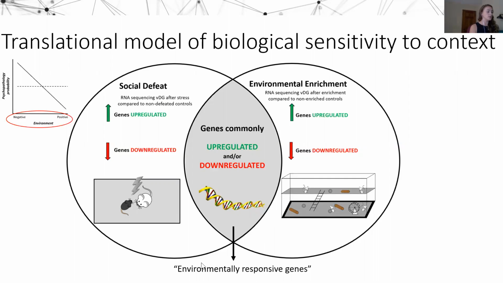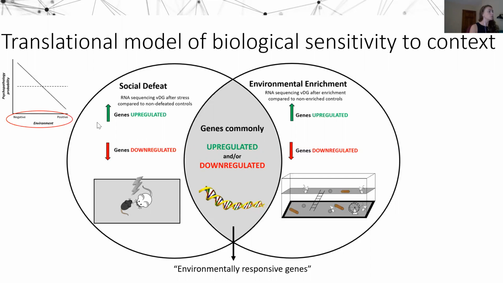We then, in the end, had a grouping of environmentally responsive genes, and we wanted to use these genes to test whether or not we can identify individuals with high biological sensitivity to context. And the way we did that is by using a translational model identifying the human orthologs of those genes and building what we call a polygenic score, which uses GWAS summary statistics to obtain a single value estimate of an individual's propensity to a phenotype.